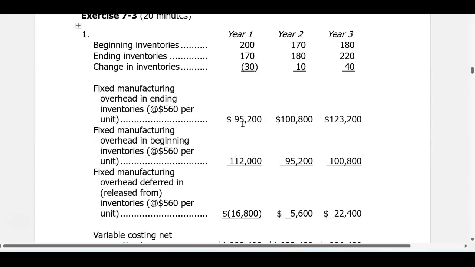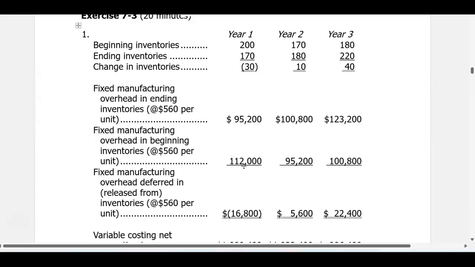How do you know this is the fixed manufacturing overhead in ending inventory? If we do absorption costing, it should be absorbed by the ending inventory, right? How much should be absorbed? 560 per unit, and we have 170. So the ending inventory should be 95,200 just because of those fixed expenses.